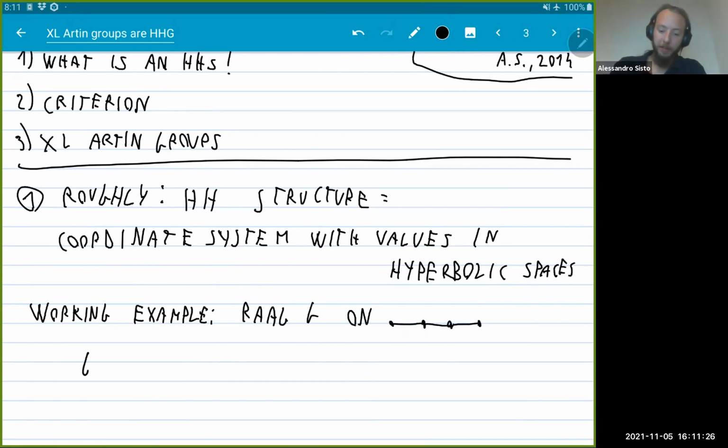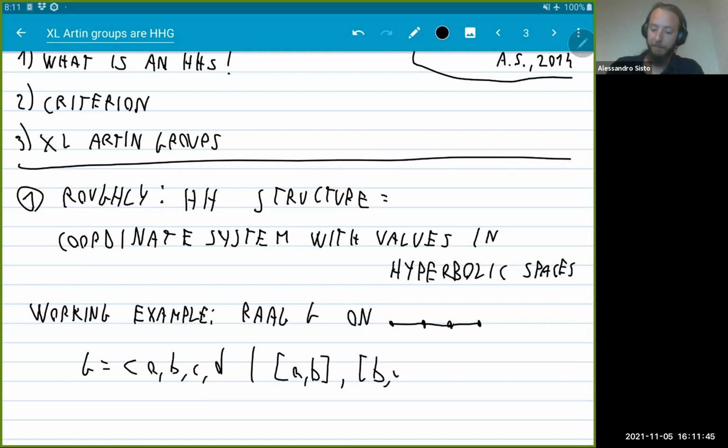That is to say, G is the group. If you don't know what right angle Artin groups are, I just give you directly the presentation: A, B, C, D. It's generated by four letters, and A commutes with B, B commutes with C, and C commutes with D. And those are the relations.